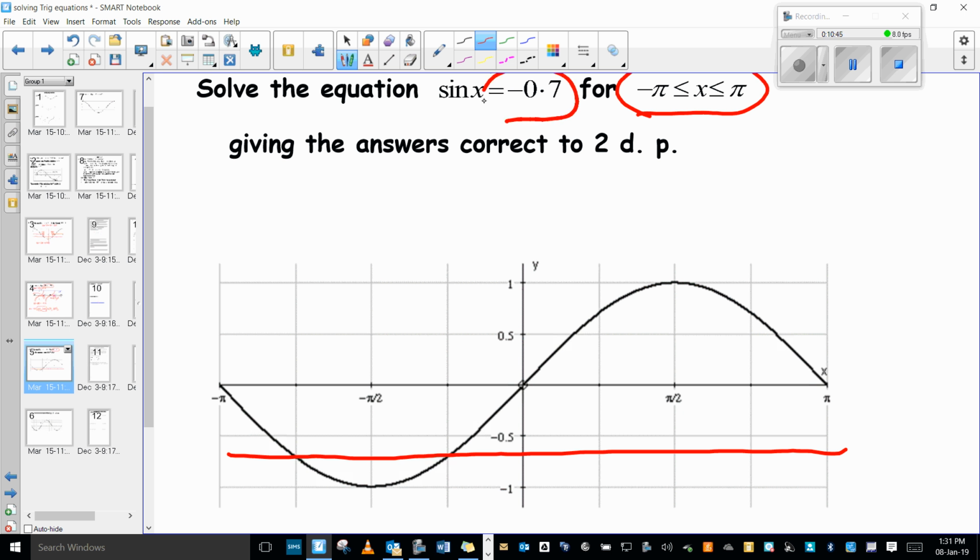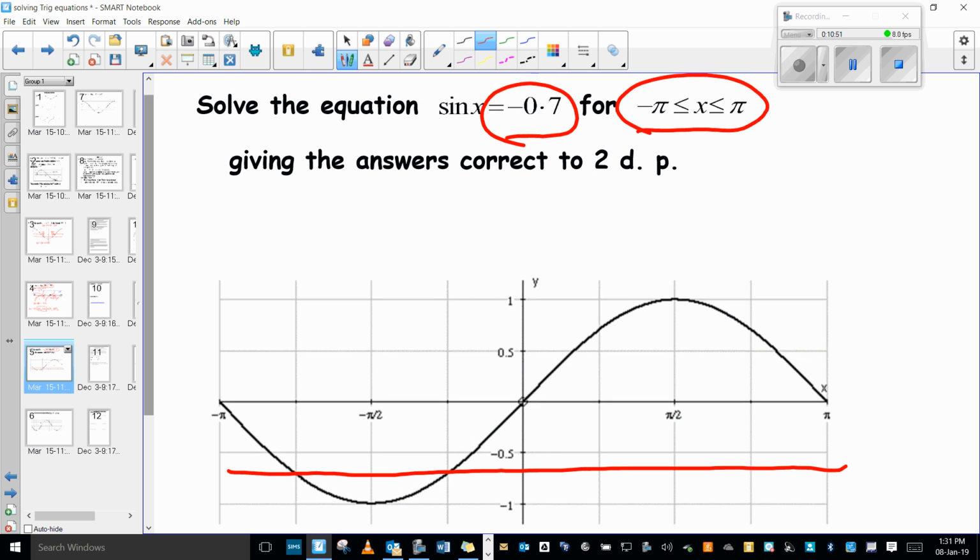Now, this is where you have to make a choice. Sounds like the Hunger Games or something. Your choice is, are you good at working in radians, knowing that this means negative 3.14, and this means half of negative 3.14?